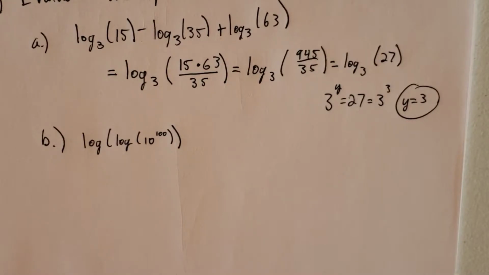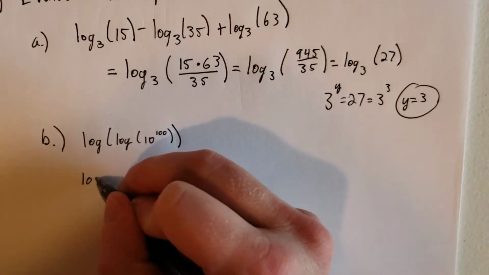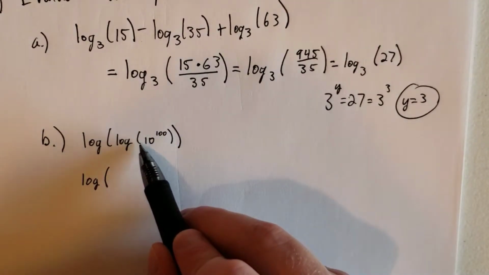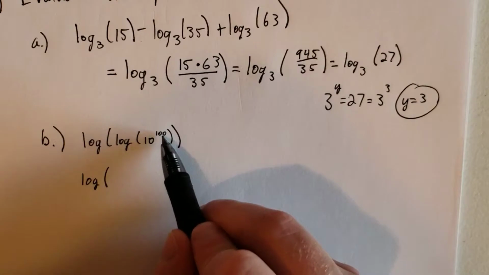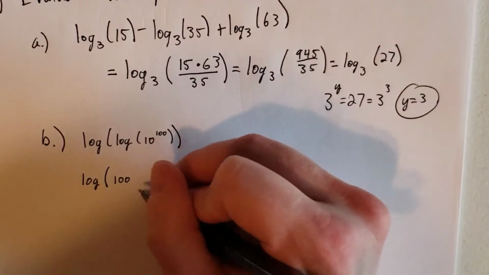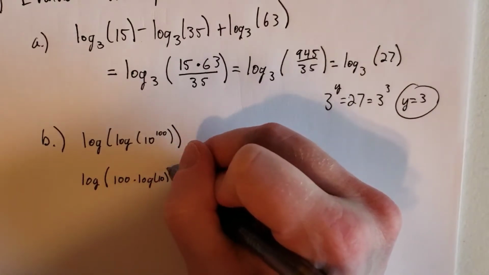If we want to try to evaluate this expression, this is log of 10 raised to the 100. If we have an exponent in here, we can move that out to the front. So this is 100 times log base 10.